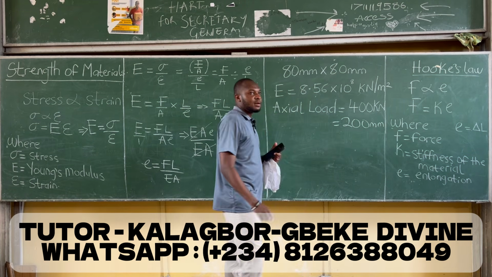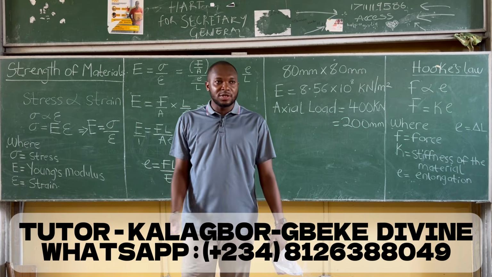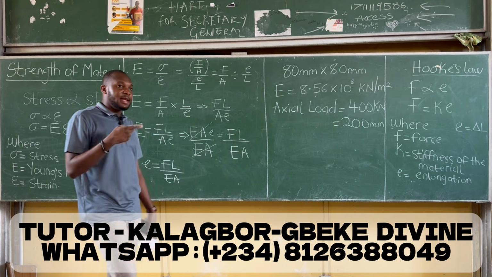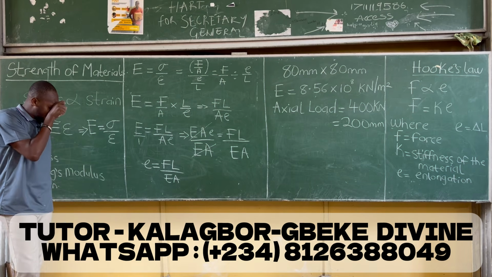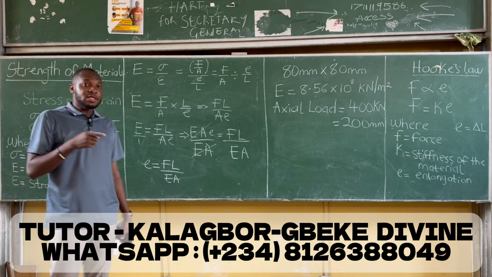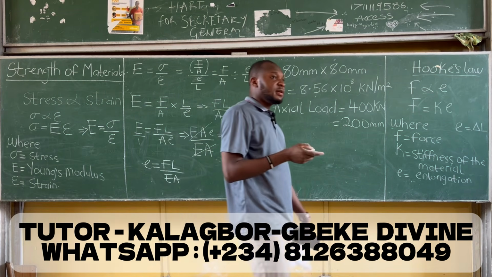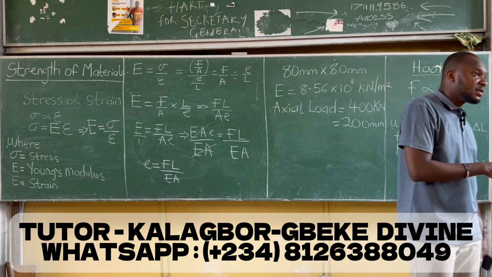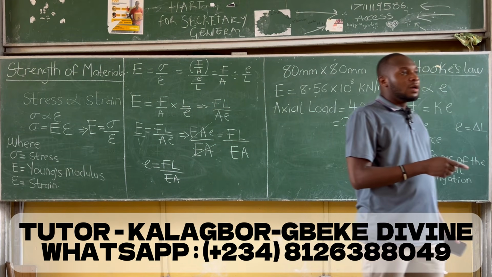All right, so now I want to ask a question before I write what that shortening in length is. The shortening in length, is it the original length or the elongation?